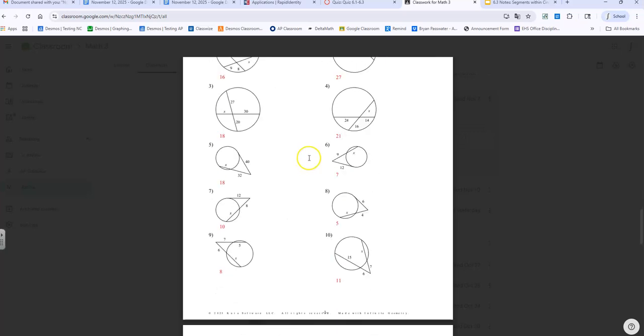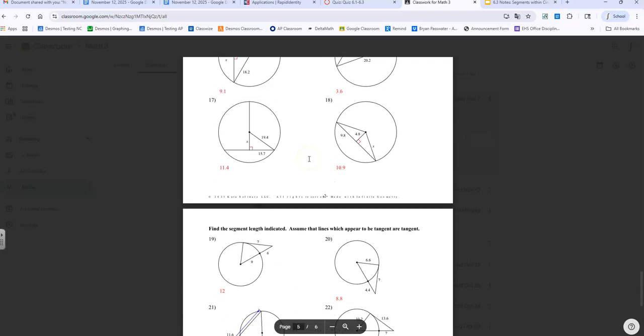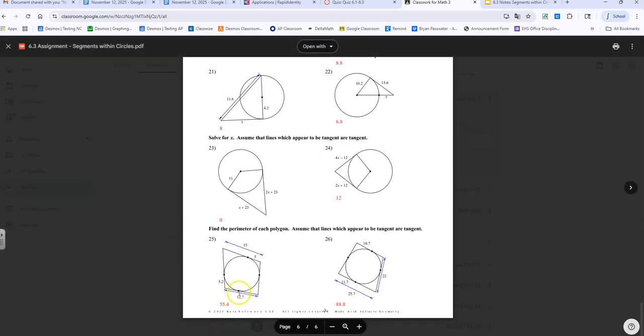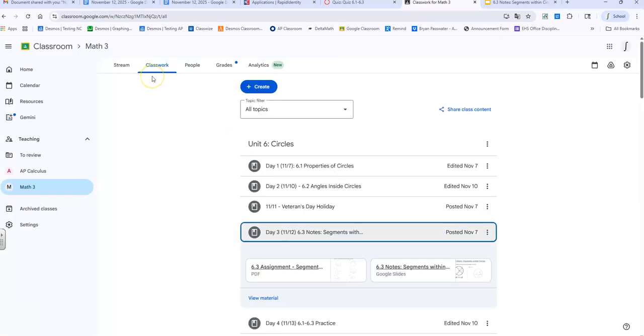So you can at least check your work there as you go. So the answers are posted so that you can check your work. Also tomorrow, before you start your Delta Math assignment, if you have questions, go find somebody that looks like they know what they're doing, like Hector over there, and he will help you with these problems.